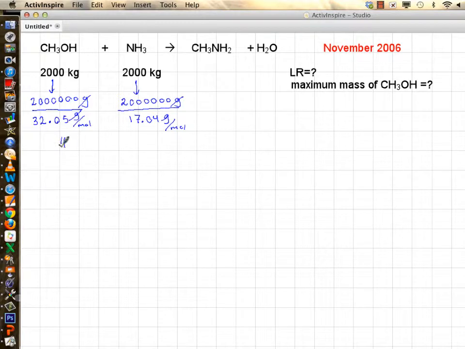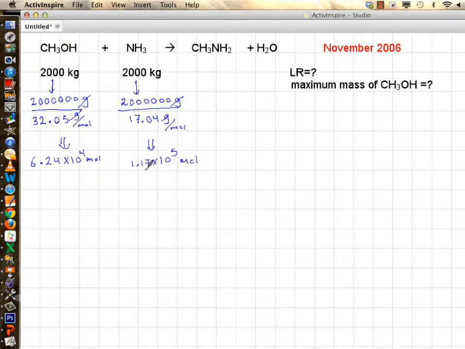You have moles. In case of methanol, if you use your scientific calculator, you will have 6.24, and it's EE, which you are going to write as times 10 to power 4 moles. In case of ammonia, you have 1.17 times 10 to power 5 moles.